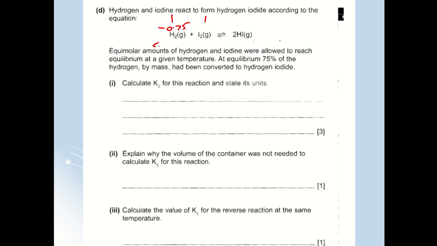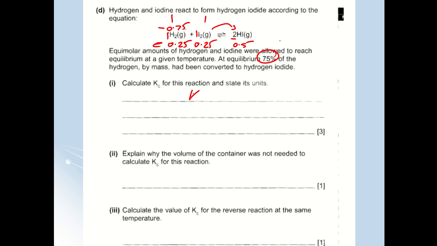So I was left at equilibrium with 0.25. Now, these react in a 1-to-1 ratio, yeah? So that is 0.25. Every mole of those that react gives me 2 moles of that, so that's going to become 0.5. Okay, dead simple. So we've got a percentage this time, but that's how you deal with it.